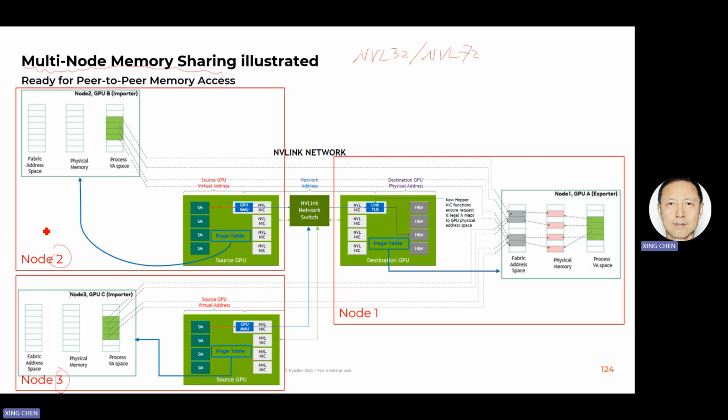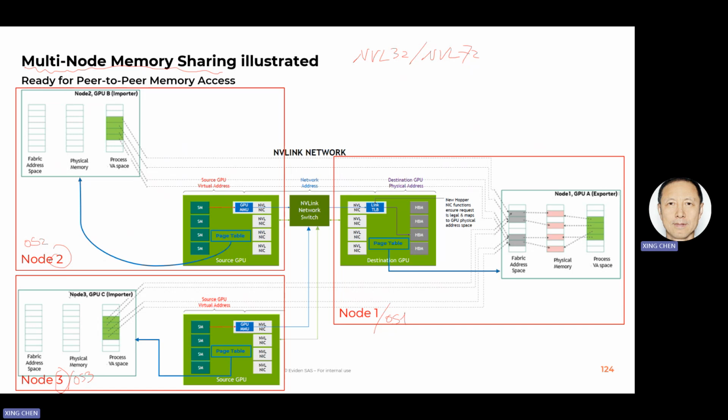By definition, each node is the related hardware plus the operating system instance, which is running on top of it. So you have operating system instance 2, operating system instance 3, and operating system instance 1. Okay, we have 3 nodes. We have 3 operating systems.